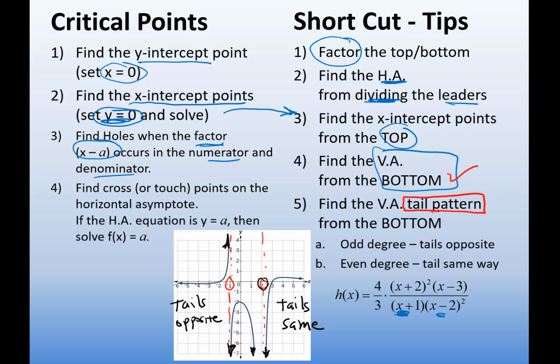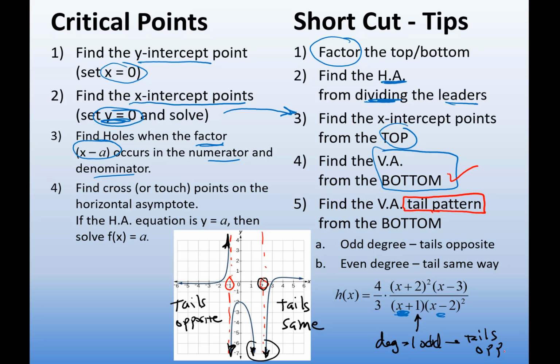And sometimes they're opposite in different directions. They go down and then up, or sometimes they go up and then down. Or sometimes they're the same. They're both going down, or sometimes they're both going up. And you can identify that by the degree of the linear factor. Now we're focused on the bottom because that's where vertical asymptotes come. This is degree 1. It's odd, which says the tails are opposite.